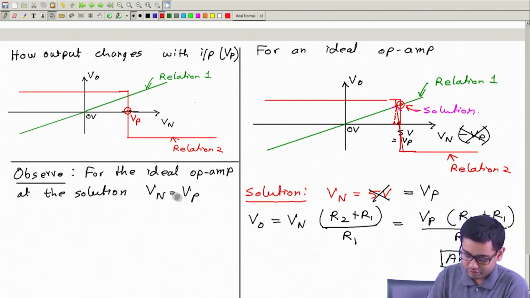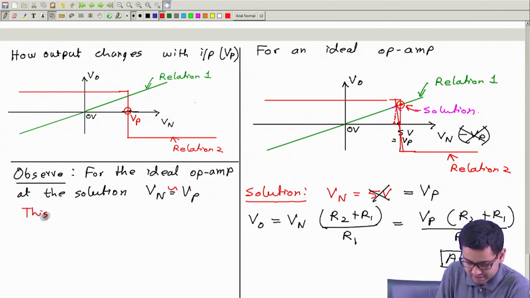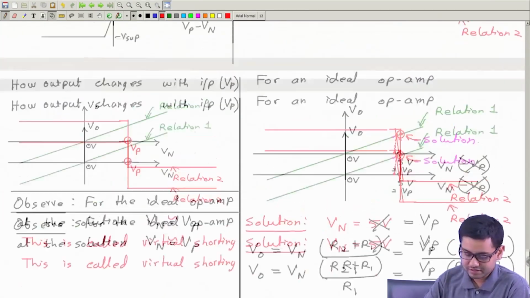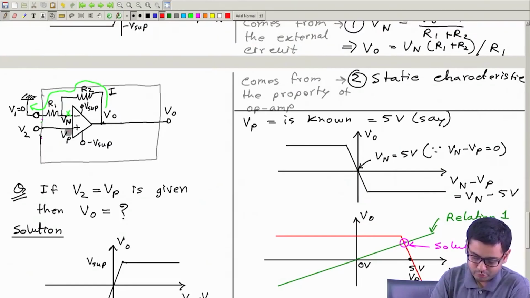Okay, so this is called virtual shorting. This is not actual shorting because there is no connection between these two points.